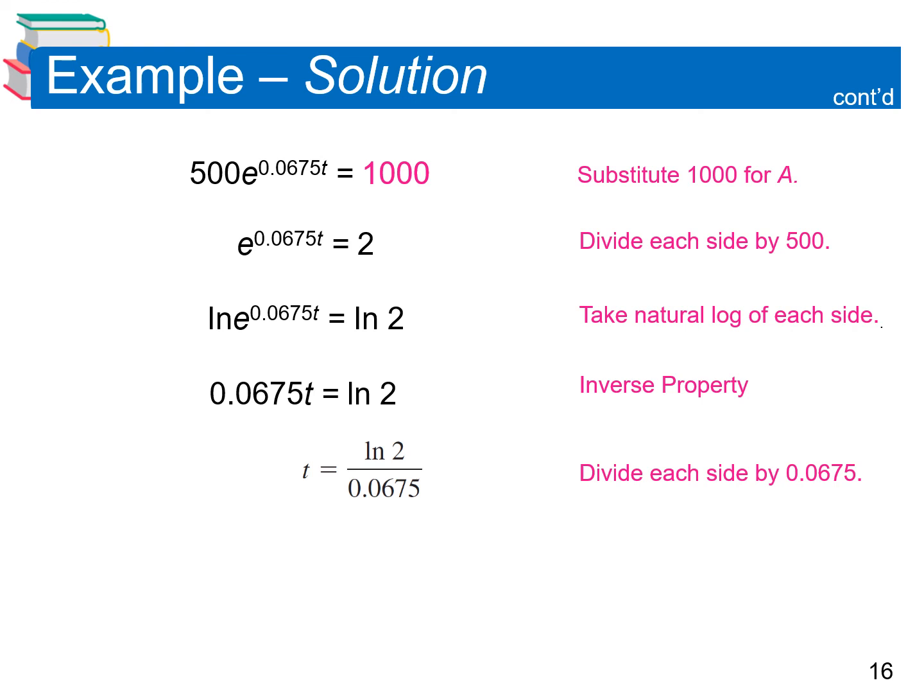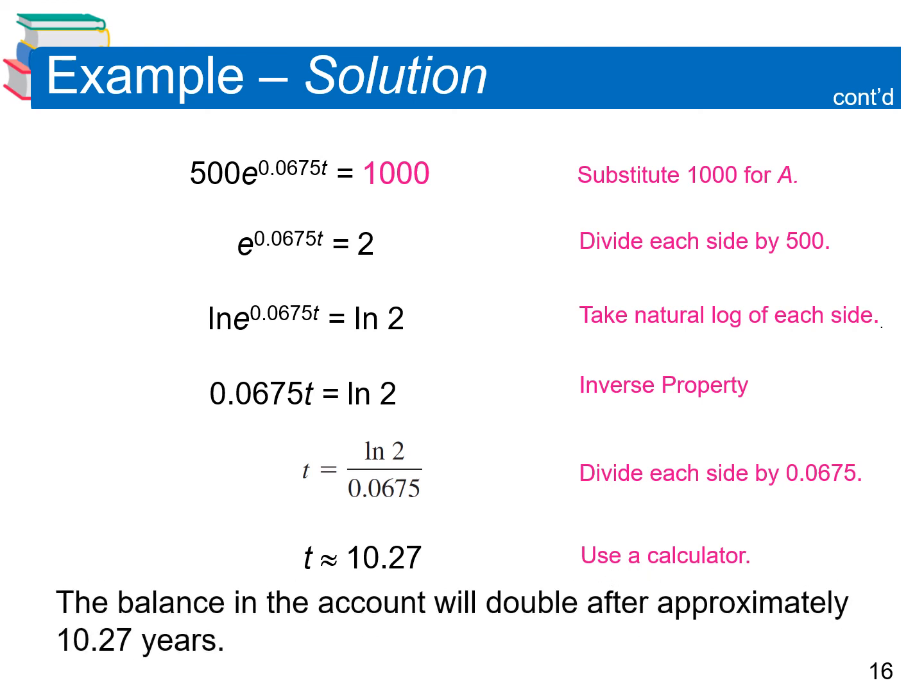So we will be getting t is equal to ln 2 over 0.0675. Using the calculator, t is approximately equal to 10.27. So the balance in the account will double after approximately 10.27 years.